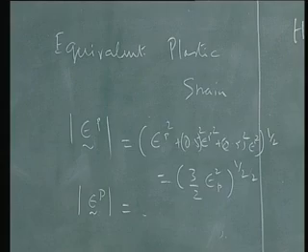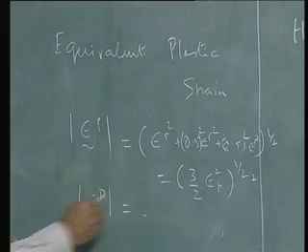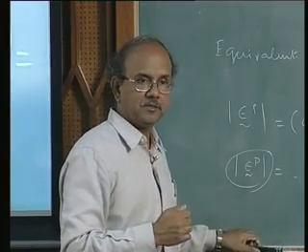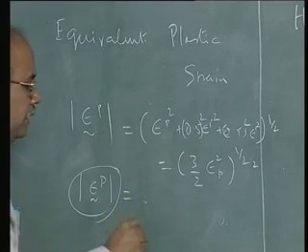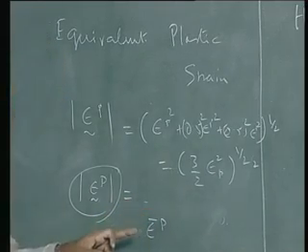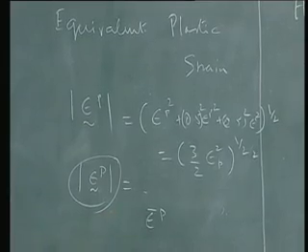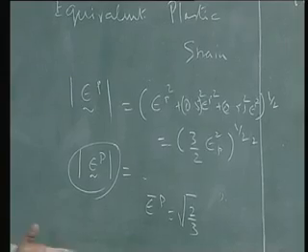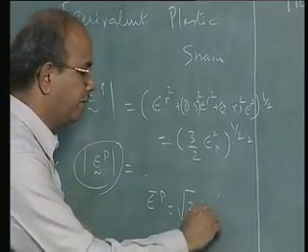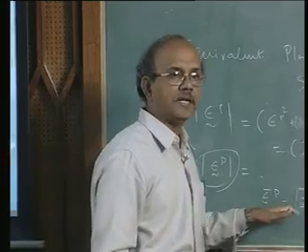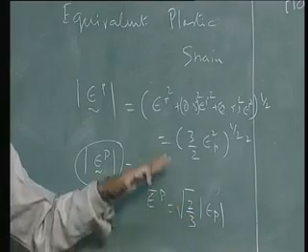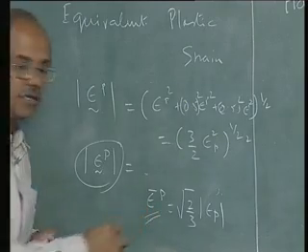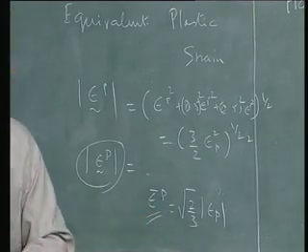So if I now write epsilon bar p, where the bar is for equivalent plastic strain, to be root of 2 by 3 of this norm, then what do I get? I get that in the uniaxial case, this equivalent plastic strain would coincide with my uniaxial case.